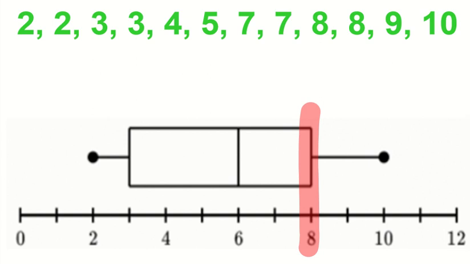Mason? 5? No? Kyle? 8. Range is maximum minus minimum. And the one mistake I see is some kids want to do 12 minus 0 and use the range on the number line. That's not how we want that to work. It's the edges of the whiskers. So in this case, it'd be 10 minus 2. That gives us 8.